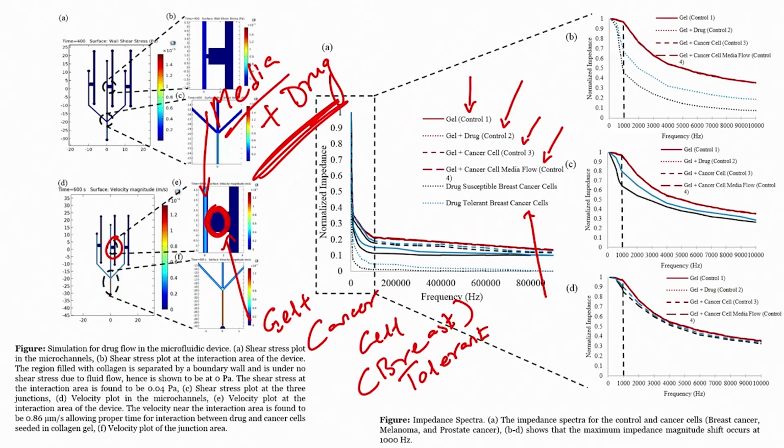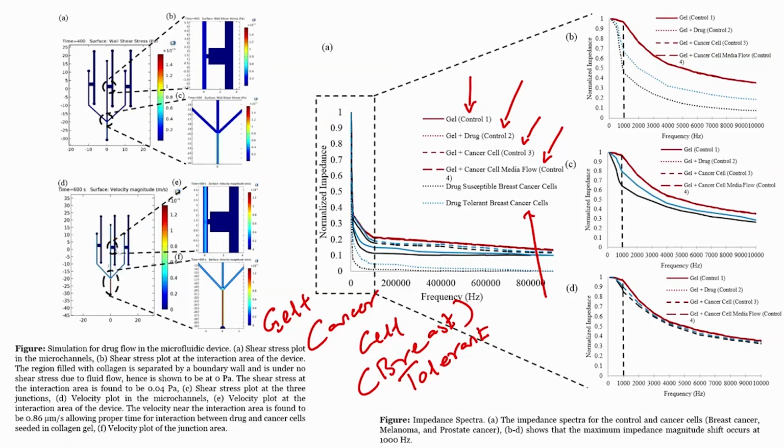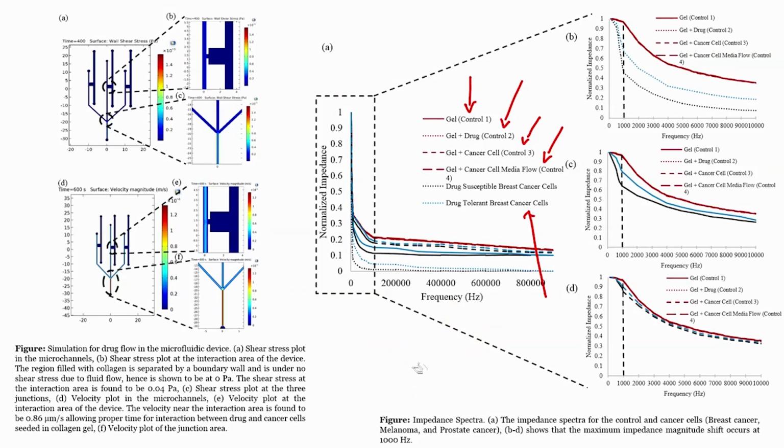So, when we perform this experiment, what we found is that at 1000 hertz, we could see maximum difference between control and cancer cells, between control and actual experiment, that is our drug susceptible breast cancer cells when we flow the drug, and breast cancer cells tolerant one when again we flow the drug.